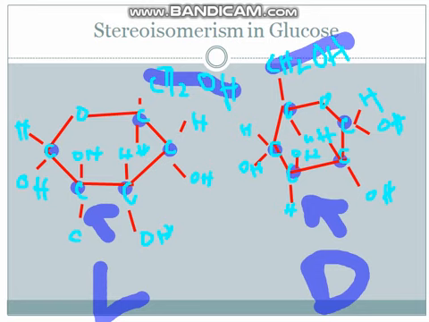So the proteins and the cell receptors are designed to react only with the dextrorotatory sugars. For example, the enzymes in our body can digest only the right-handed sugars, which means dextrorotatory sugars, and metabolize them with right-handed enzymes.